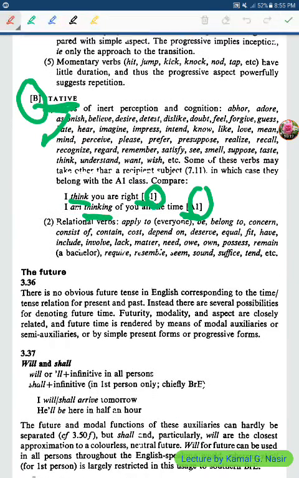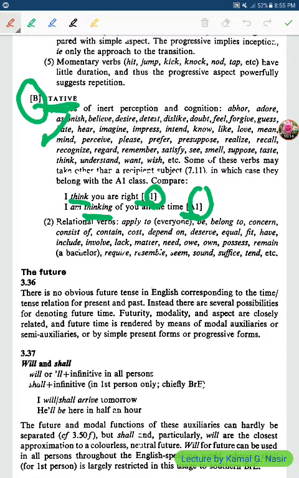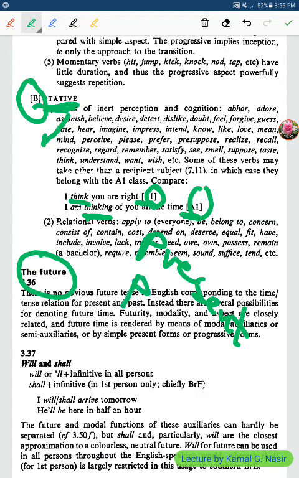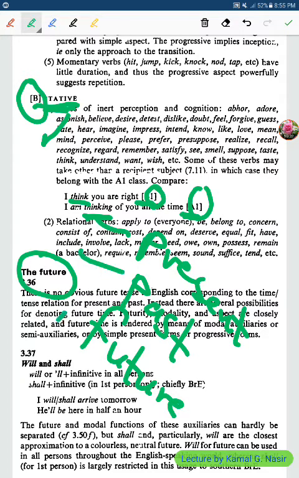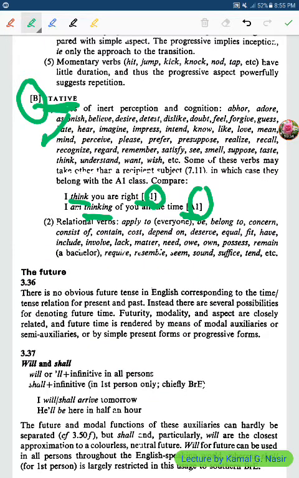Now we come to the last, the third type of tenses or time. You remember we talked about present, past and the future. We finished with the present and the past, and today we have the future.